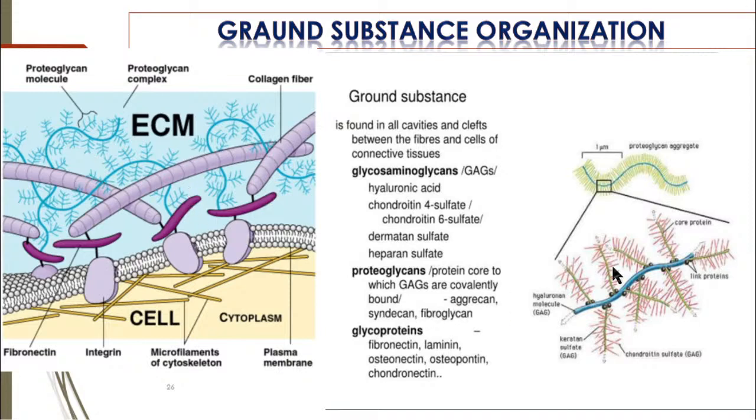And glycosaminoglycans are joined with proteoglycans, special molecules which provide the hydration of this extracellular matrix, and through glycoproteins like fibronectin, laminin, osteopontin and chondronectin, they join the cell with fibers.